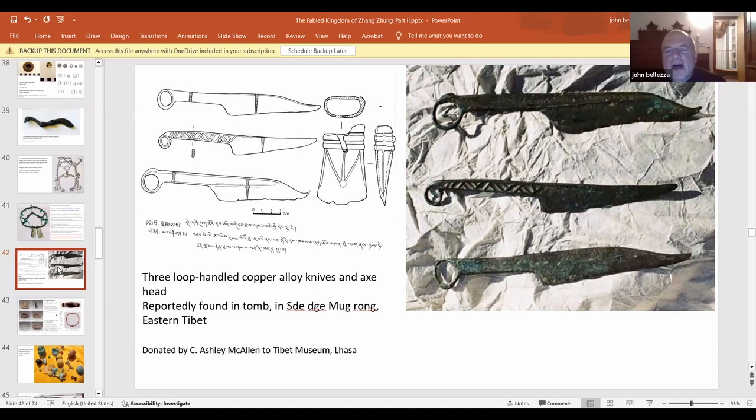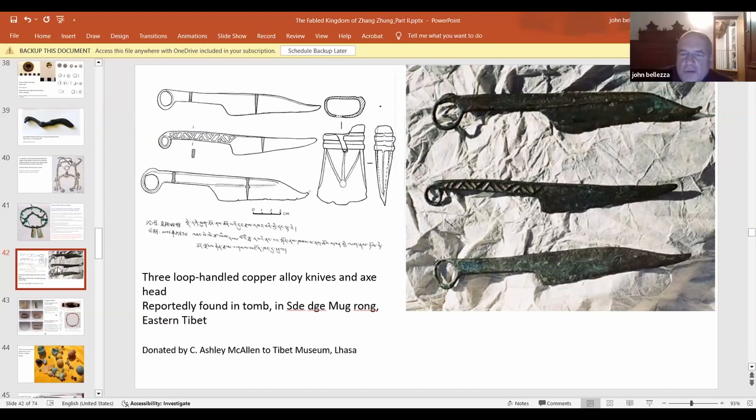They're in different styles and they have different forms, but they're found all over the place. It's reported to me by Chinese archaeologists that they have also been found, though a little different in form, in Nagchu. And so loop-handled knives extended, or so it seems, into Upper Tibet.